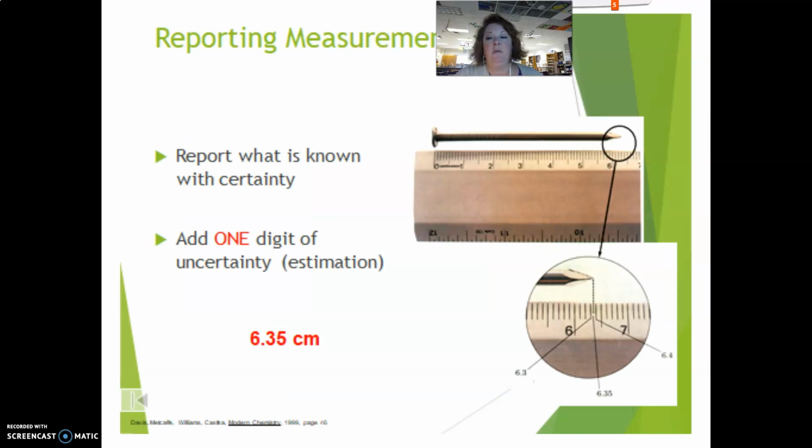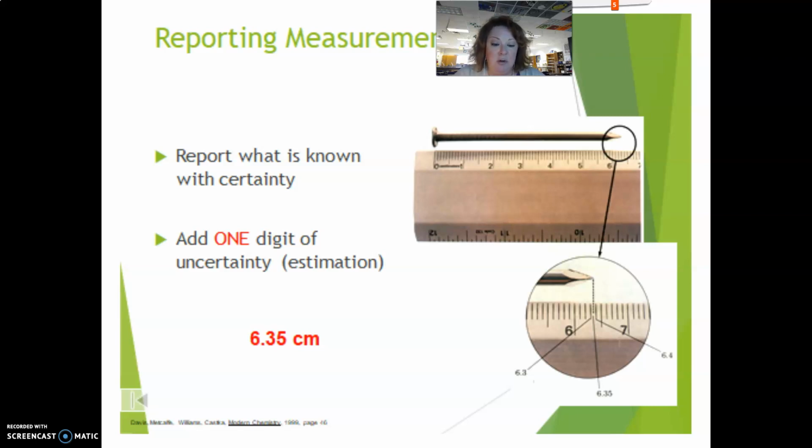All right, so when we're reporting measurements, this is where we're going to get into some nitpicky things. We need to report what we know with certainty. So if we look at this nail and we look to see what is the length of the nail, it's definitely 6, so we look at the digits that we're absolutely sure about.